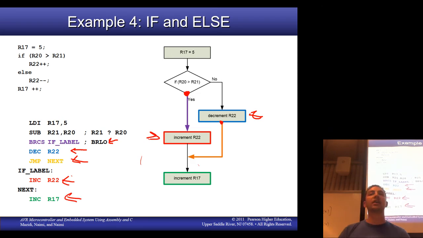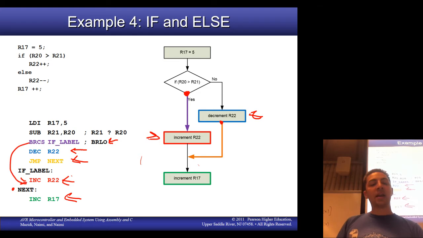Now my next is going to execute regardless. There's two ways of getting to next. This line right here. First, if I do the initial branch, I branch to the if label, and then I fall through to next.